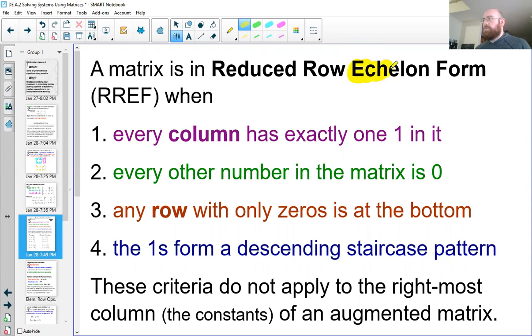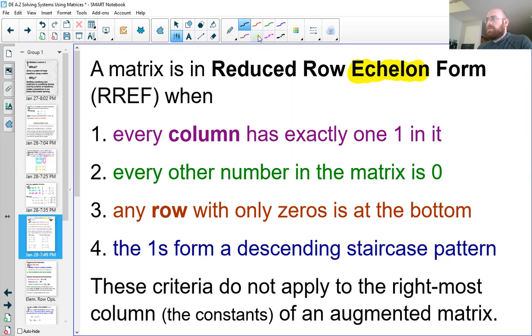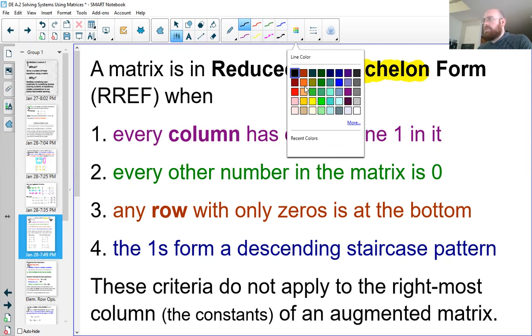For those of you who are bilingual or multilingual, the word echelon shares a common root with, let's do this, a color that hasn't already been used. How about this orange one?